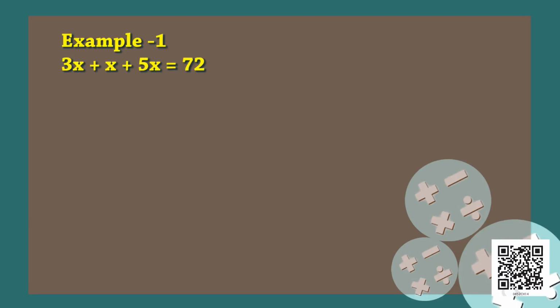Let us check this by illustrating the following examples. In the following examples, you have to find out what is the exact error, what is the reason, and what is the correct answer. First one, while solving an equation, Sarita does the following: 3x plus x plus 5x is equal to 72.